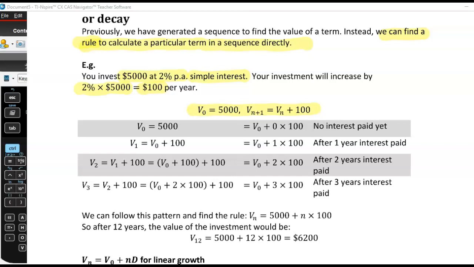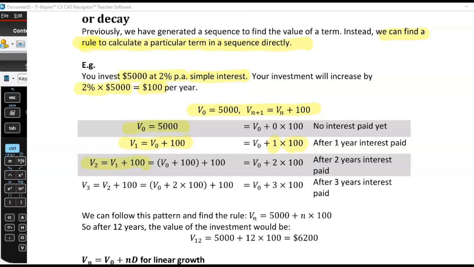So let's look at a few years of this. So we start off V0, then V1 is V0 plus 100. And so because we've got that 1 year of interest, we've got that $100. So here our V2 is V1 plus 100.